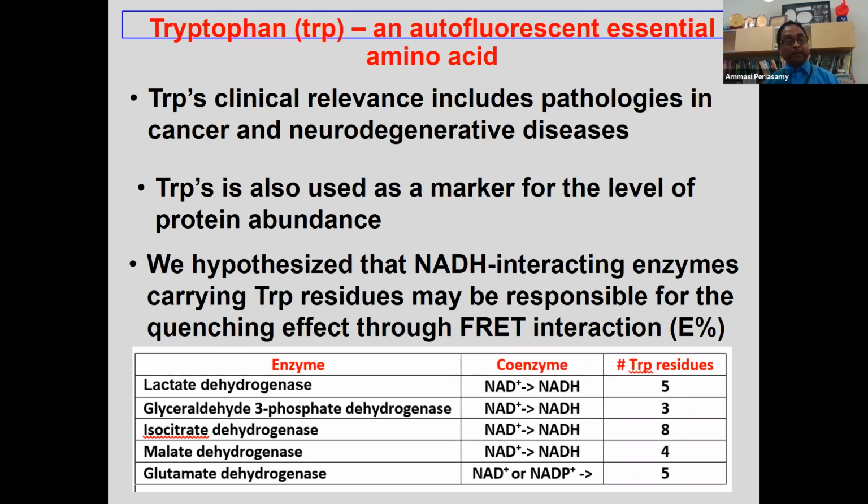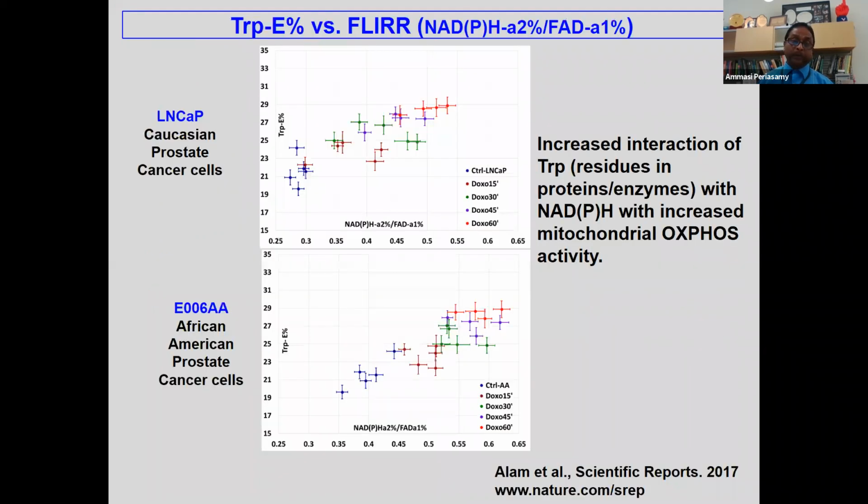So how does FLIRR occur between tryptophan and bound NADH? We hypothesize that NADH is interacting with enzymes carrying tryptophan residues. So you can see a number of residues carrying tryptophan responsible for quenching the tryptophan lifetime. That could be the reason why we are seeing the decrease in lifetime of tryptophan in the presence of bound NADH in the protein.